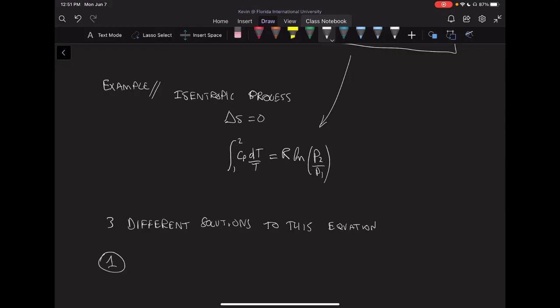The first type of solution is that we have a constant Cp or Cv. If we have constant Cp or Cv, we just find Cp or Cv at average temperature and take them out of the integral, and we just have the integral of dT over T, which becomes ln of T2 over T1.